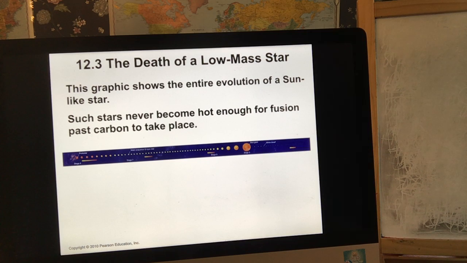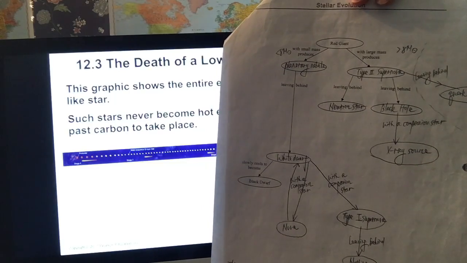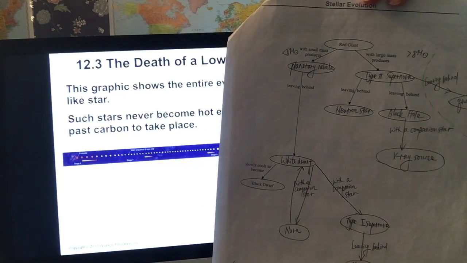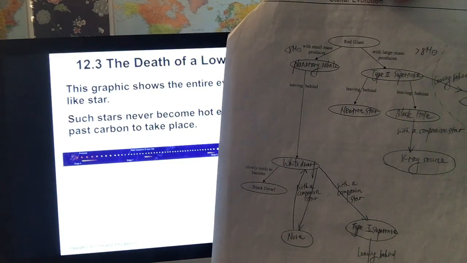And so the major thing we can learn from this tutorial exercise is what happens to the low mass star and what happens to the high mass star, okay? If you have read the first page, you are supposed to fill out the diagram on the second page, and I posted this on the blackboard.